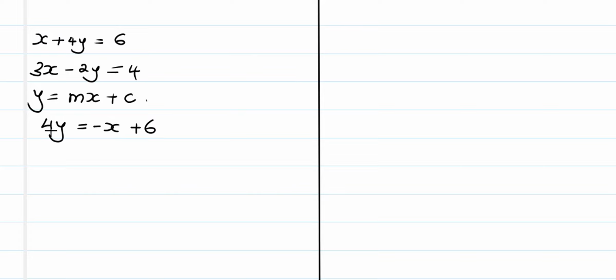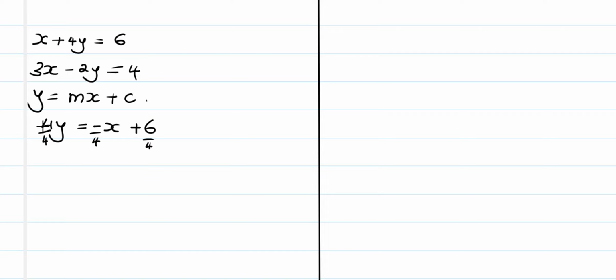Then I want this equation to have y here, not 4y. So what I can do from there is divide every part of this equation by 4 so that I can eliminate this 4 and remain with y here. So I can divide here by 4, here by 4, and then also here by 4, like that.